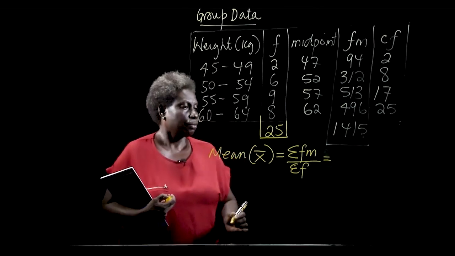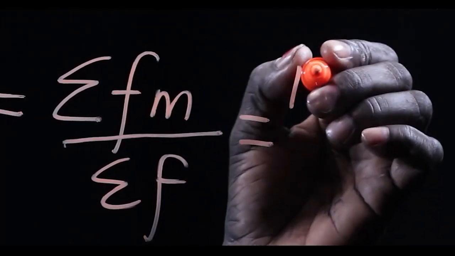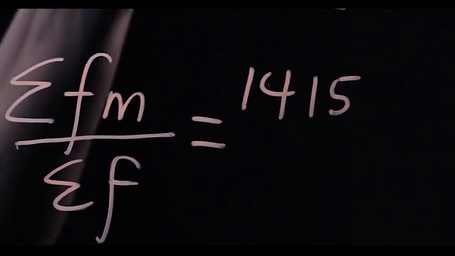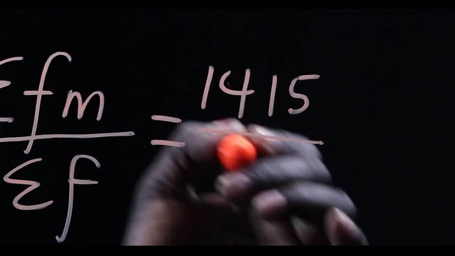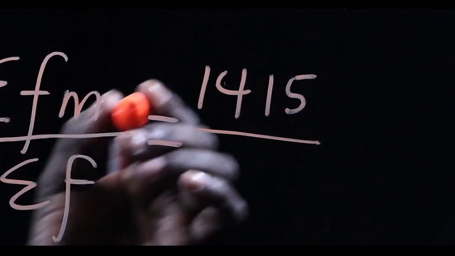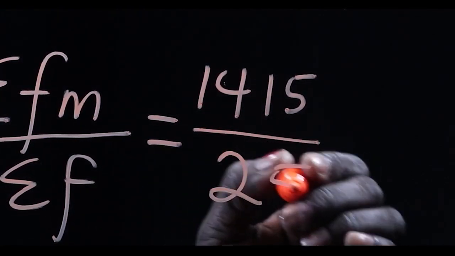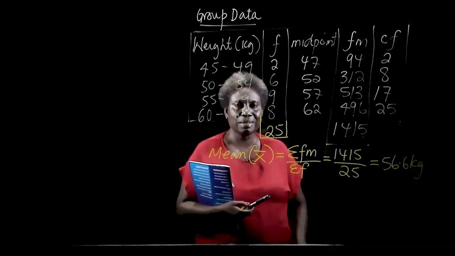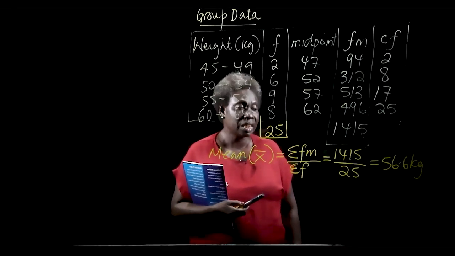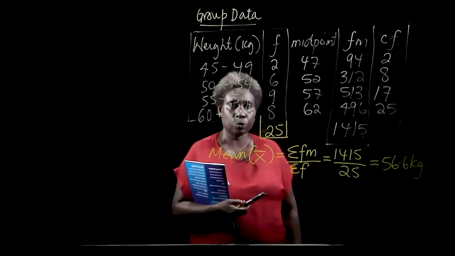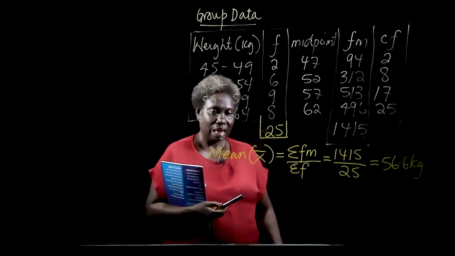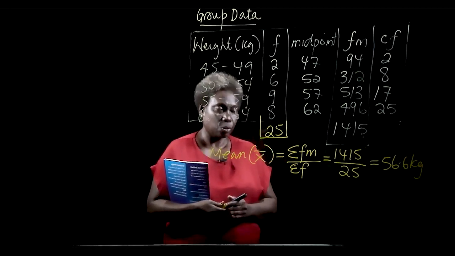The sum of FM is 1,415, divided by the sum of frequency, which is 25. That gives us an average of 56.6 kilograms. So the mean, or the average weight, of the 25 students is 56.6 kg.